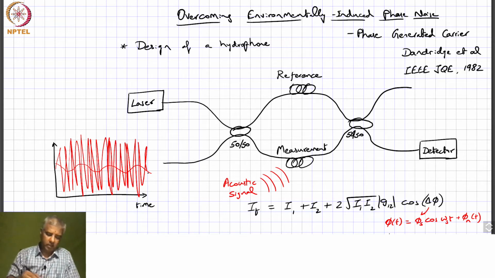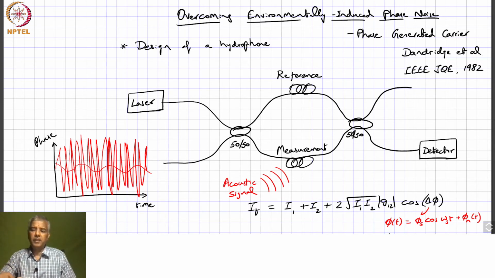So, this is what we are looking at as the phase difference between the two arms, right. You are trying to pick up this component, but it is completely buried under noise. And what are the sources of noise? Well, a lot of environmental perturbations, some background changes in temperature, background changes in pressure and strain and so on.